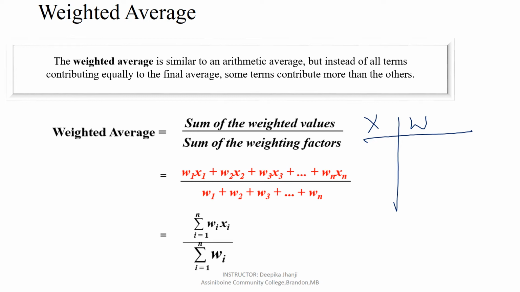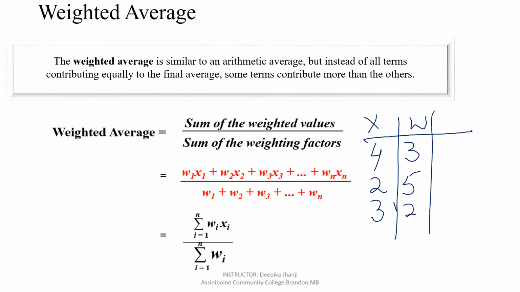Your first information says the data value is 4 and the weightage assigned to 4 is 3. Then another piece of information is, let's say it is 2 and the weightage assigned to it is 5. X is 3 and weightage is 2.